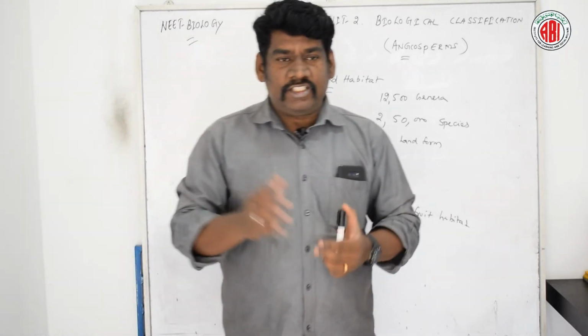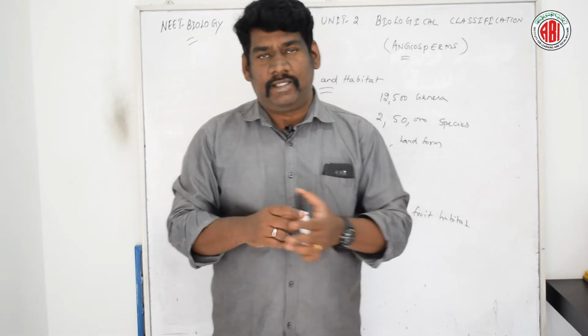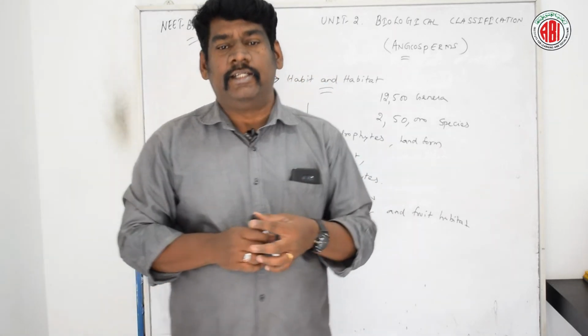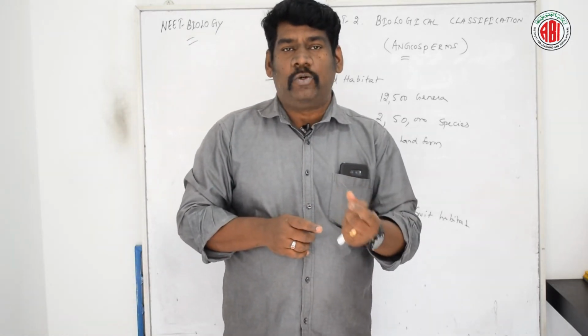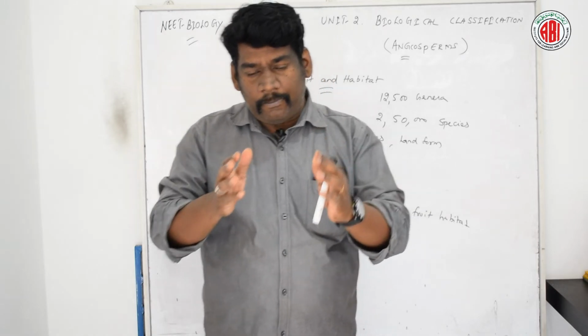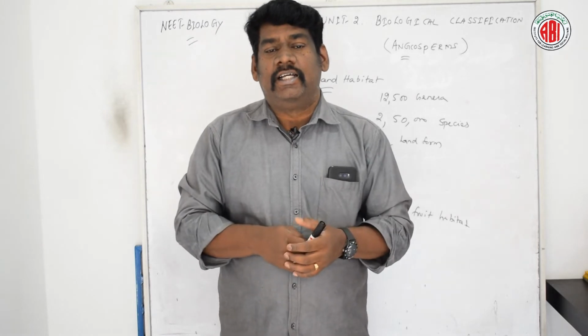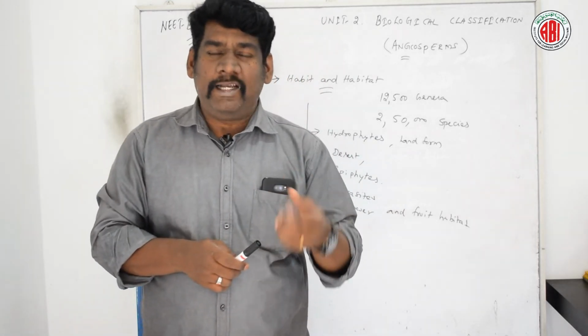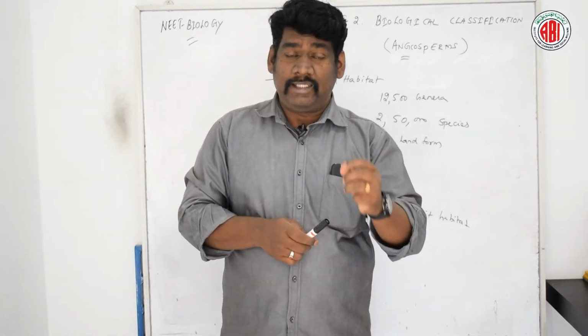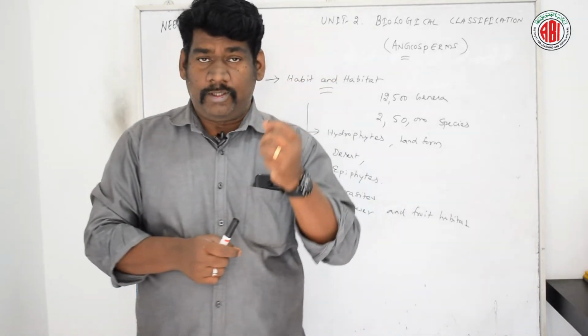Now talking about the stamen, each stamen bears an anther, as I said already, and this anther is a group of 4 pollen sacs, and each pollen sac contains the microscopic multiple pollen mother cells or male gametes.